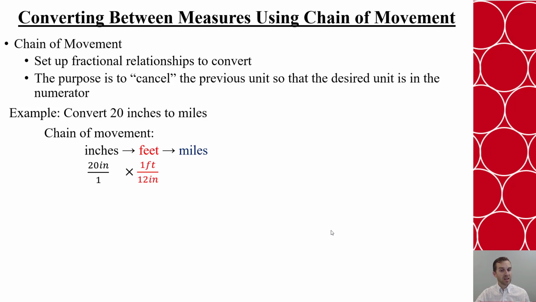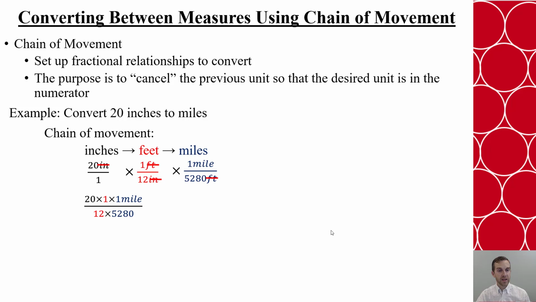So I know that the relationship is that it's 1 foot to 12 inches. And when I do that, it'll simplify the inches and leave me just with feet. I need to do the same thing now with feet to miles. I want miles in my numerator because that's my final unit, and I want feet in the denominator to simplify out the feet.